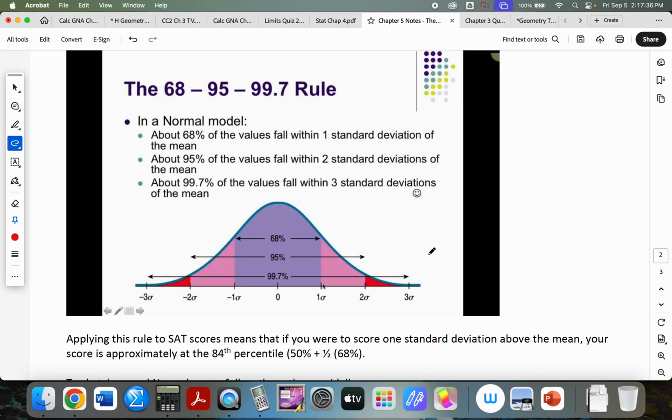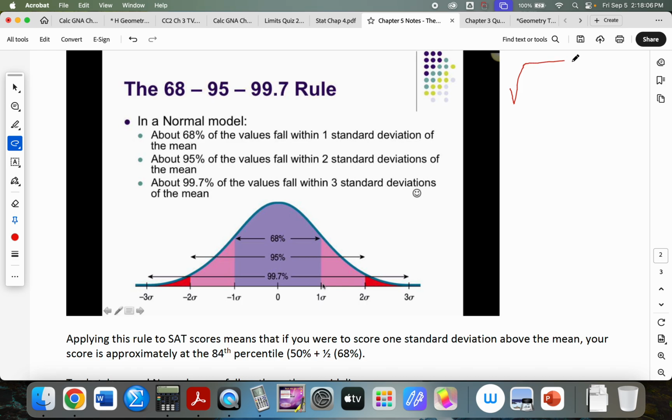And how do we calculate standard deviation? Most of the time you're using a calculator, but you can do it by hand by taking the difference between each data point and the mean and squaring those, then adding all of those together and dividing by the number of items in your data set minus 1, and then taking the square root of the whole thing.